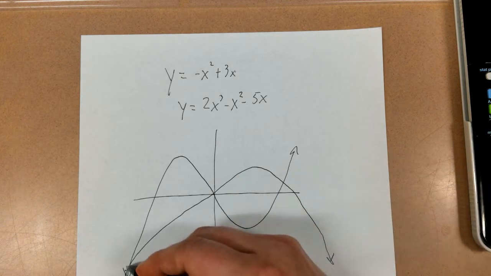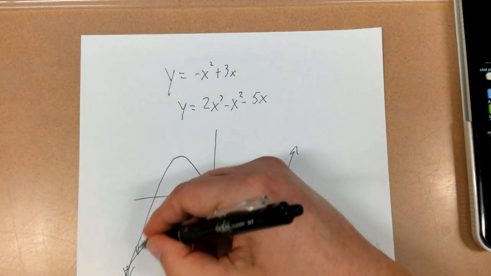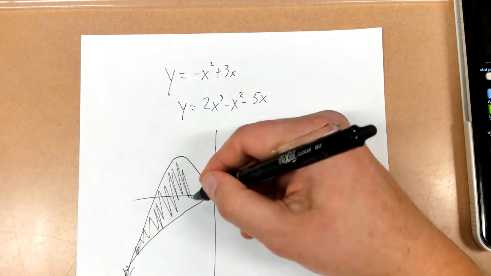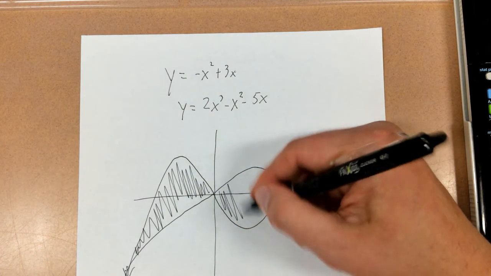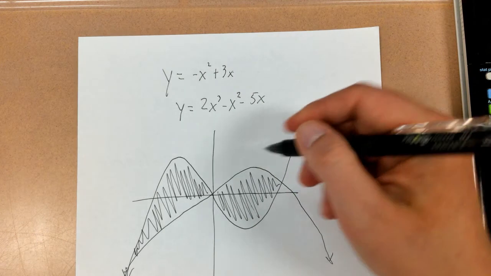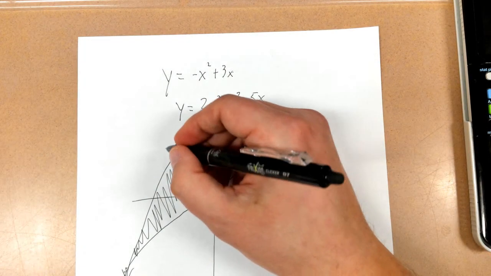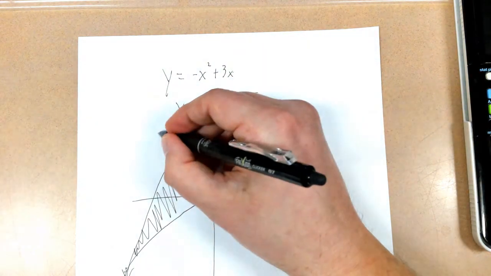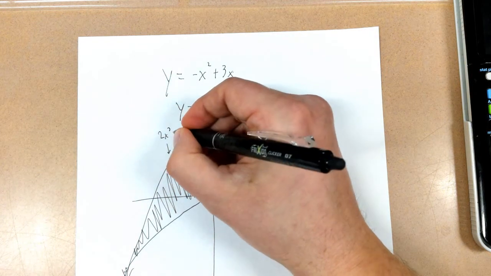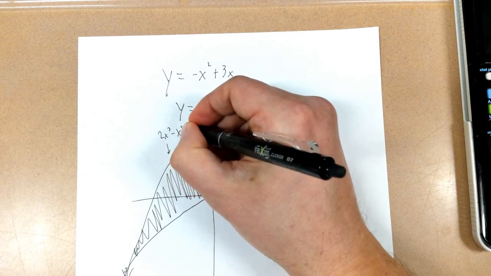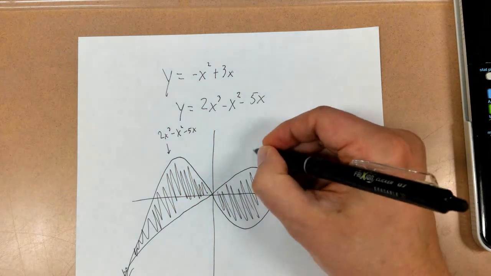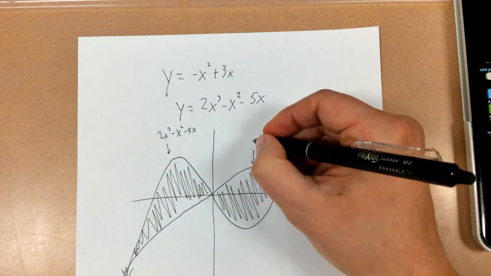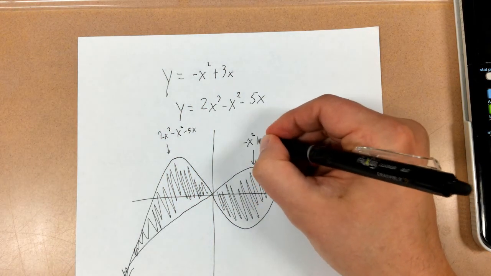Again, not a perfect picture, but this would be the space that we'd be looking at, that area right there and this area right here. This top equation is the 2x cubed minus x squared minus 5x, and this equation here is going to be the negative x squared plus 3x.